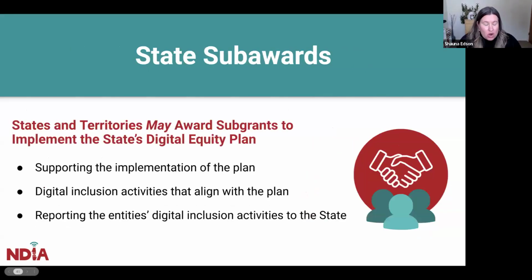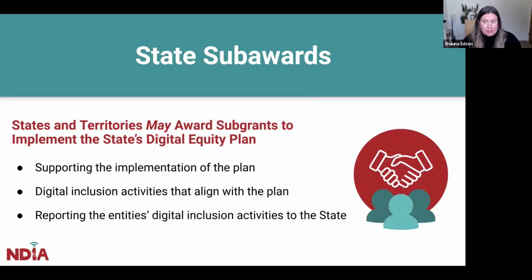So states and territories are allowed to create subgrants from their capacity grant award to entities that are eligible to help them implement their state digital equity plan. Subawards can support the implementation of the plan the state's created. They can facilitate digital inclusion activities that align with the plan, but maybe aren't stated directly. They must report their digital inclusion activities to the state. So some states may choose not to create subgrant programs.